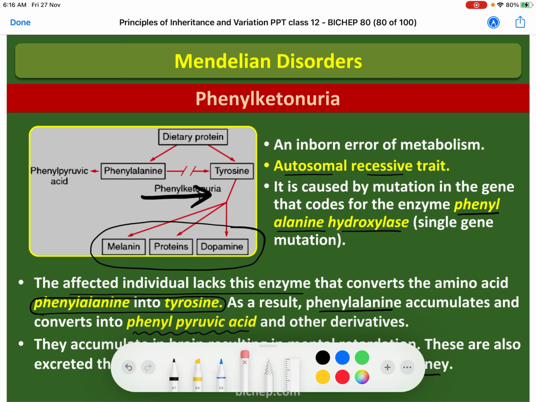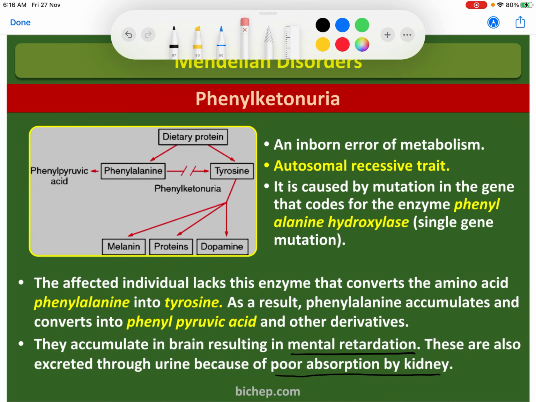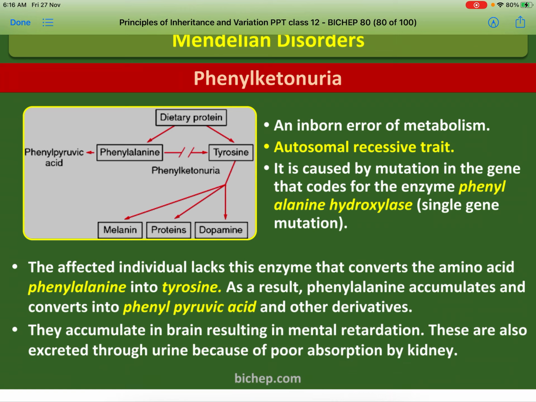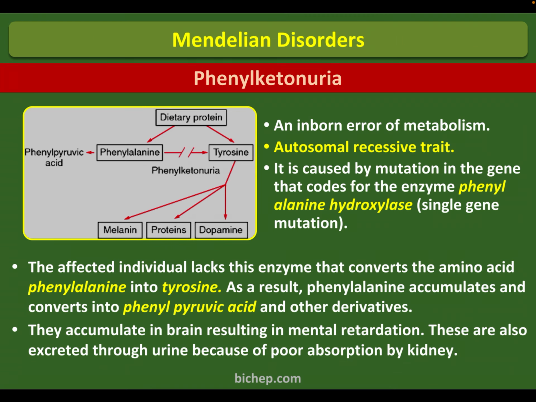That is the condition known as phenylketonuria. It is excreted largely by urine, so in urine you can find a huge amount of phenylpyruvic acid. That is why phenylketonuria is the name of the disease.